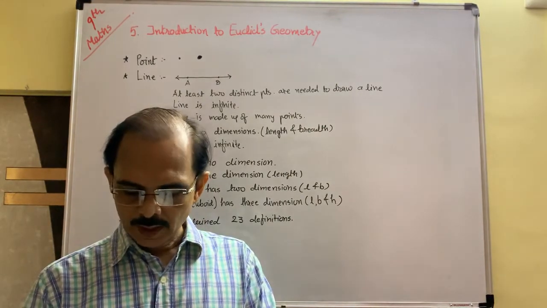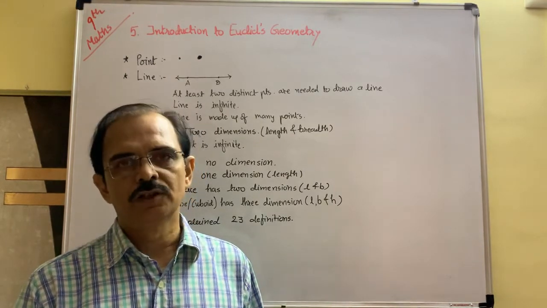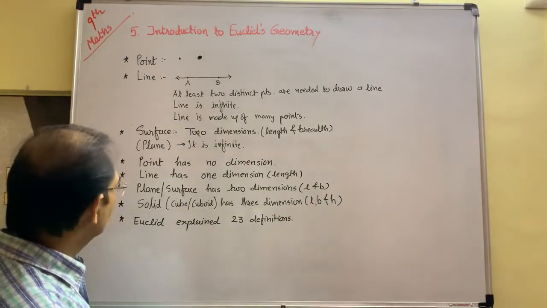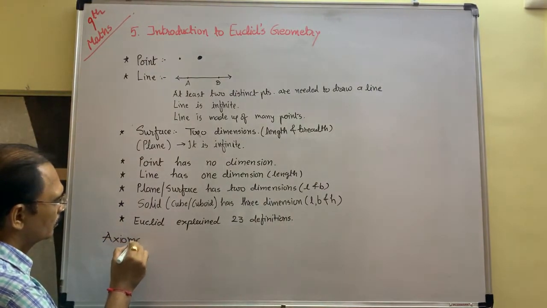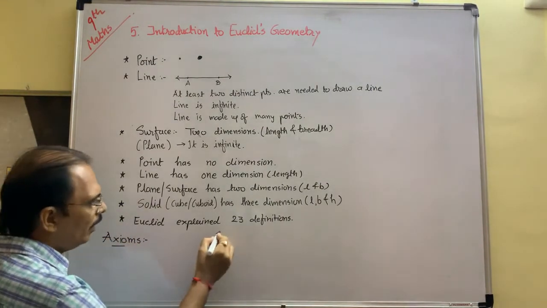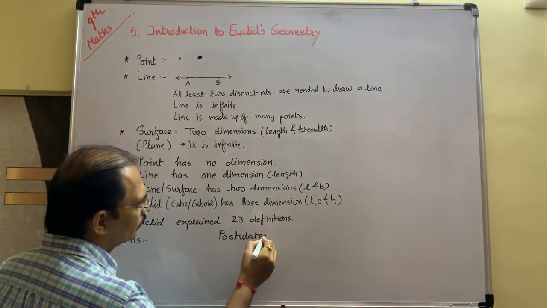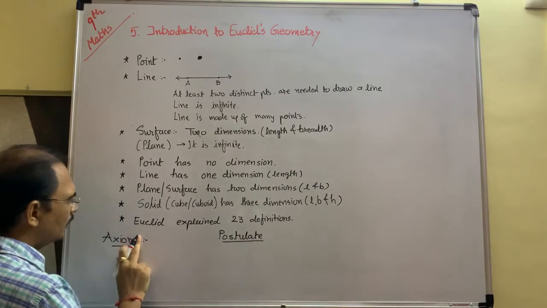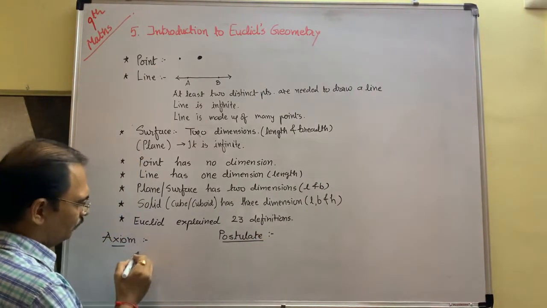Okay? Now after that, the another topic is about axiom and postulate. What do you mean by axiom, the word? And what do you mean by postulate? Axiom or postulate, both are true.